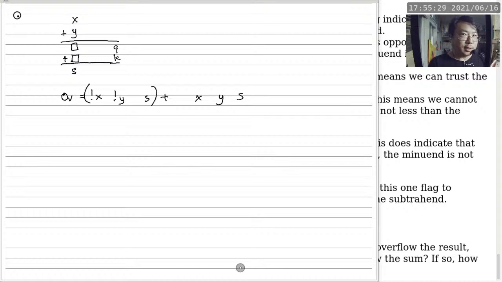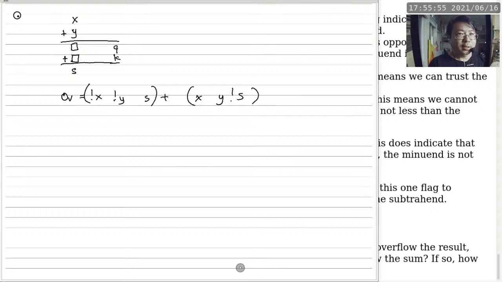So the opposite is when x is negative, meaning the most significant bit of x is a 1. y is also negative, which means the most significant bit of y is also a 1, but somehow the sum is non-negative, which means the most significant bit of the sum is a 0. So in that scenario, x and y do not need to be negated, and s needs to be negated.